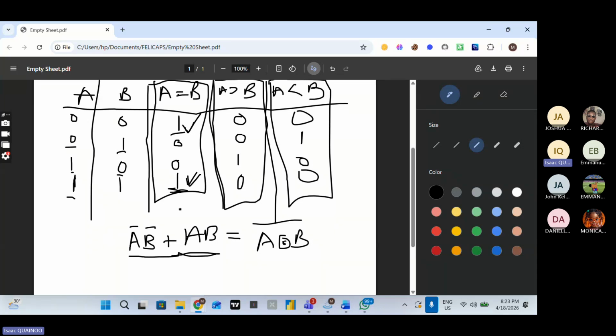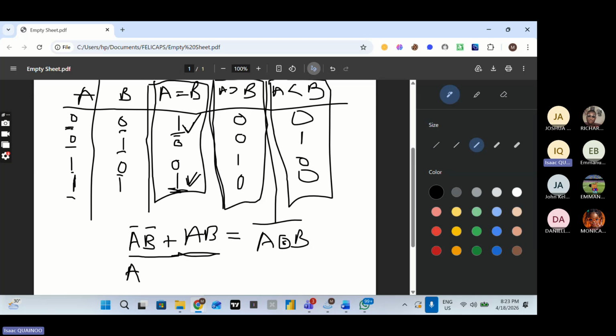The equality rule is saying that we can only say A and B are equal only when the two inputs are equal, right? So our inputs are A and B. We only know that our equality here will be high, because you can see that when the two inputs are equal, A equals B becomes high, right?